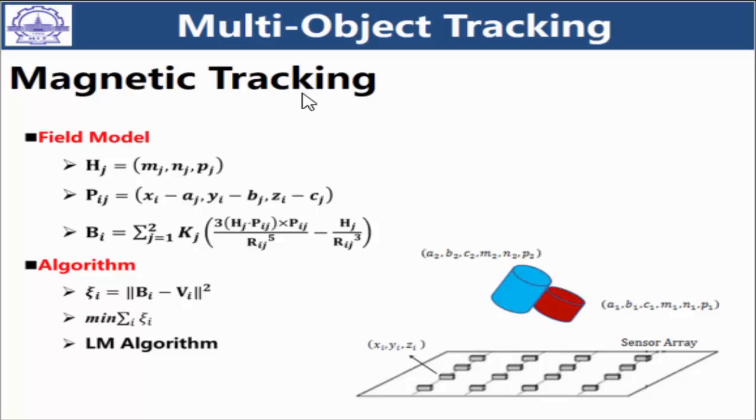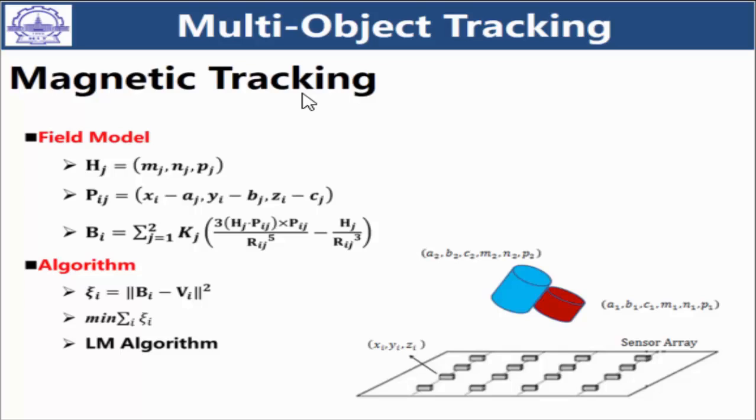The second one is A2, B2, C2, and M2, N2, P2, where ABC is the position and MNP is the direction of the magnetic moment. And then if we have a sensor at the position of Xi, Yi, Zi, its magnetic field can be calculated using the superposition principle and the magnetic dipole model.